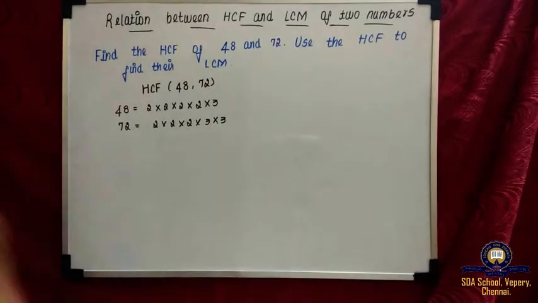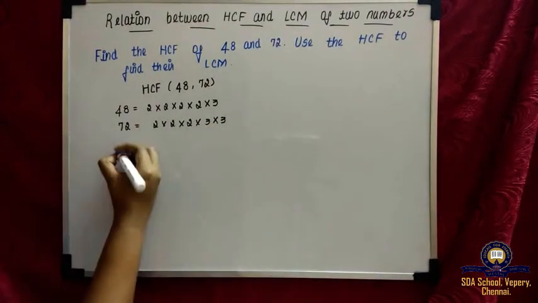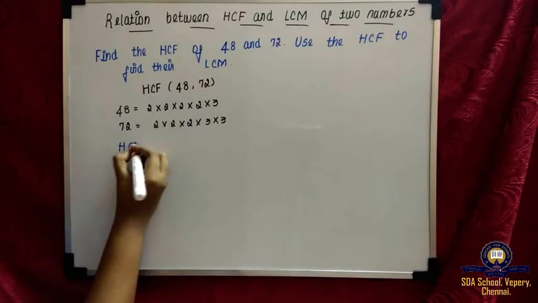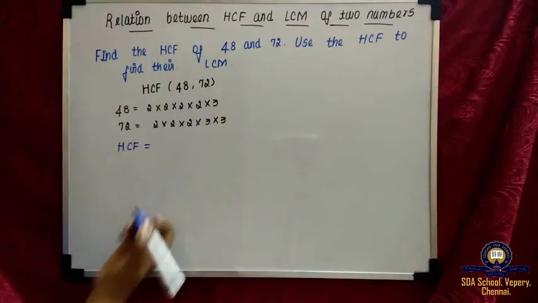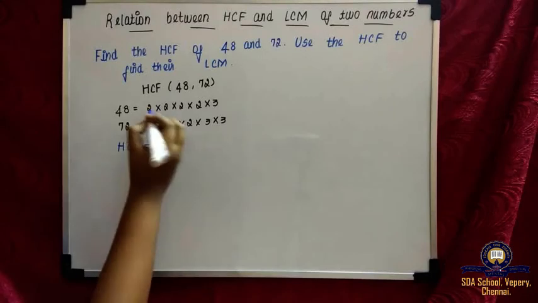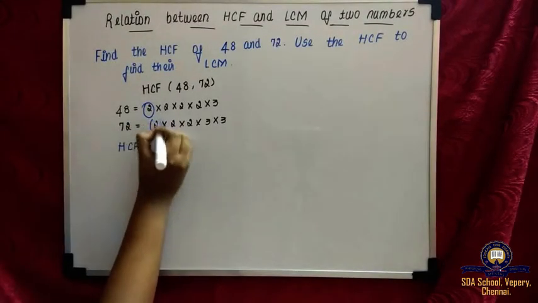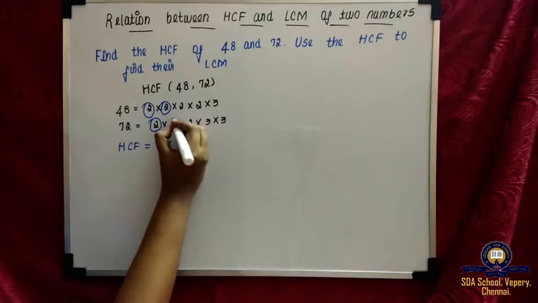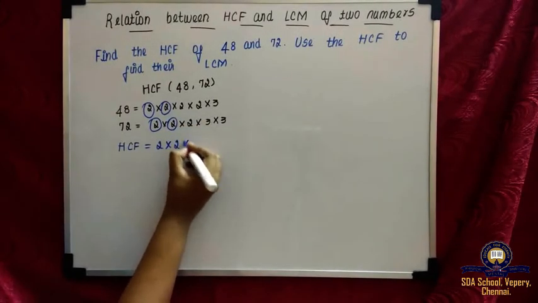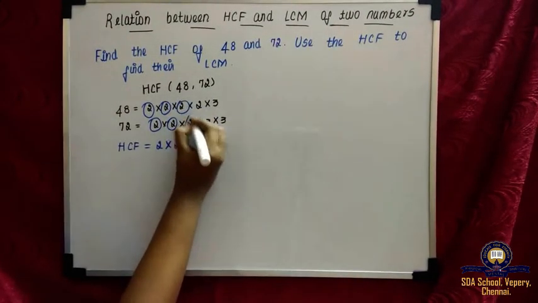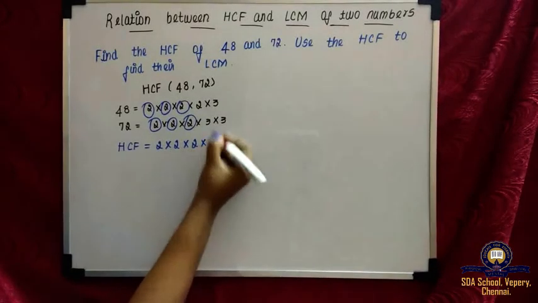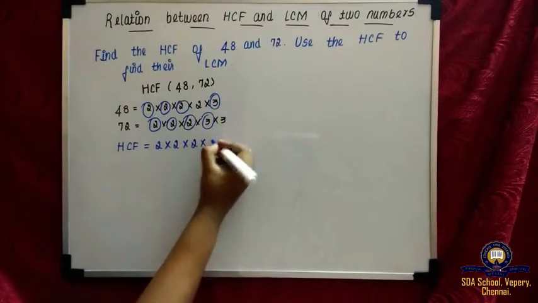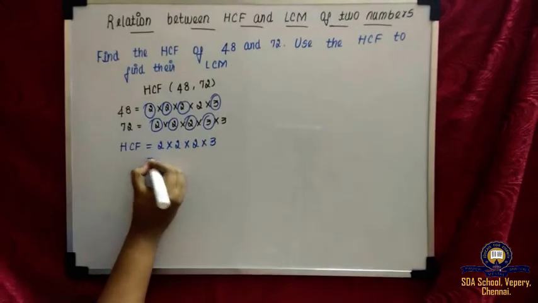For the highest common factor, we have to find the common factors, right? So 2 into 2 into 2 into 3.